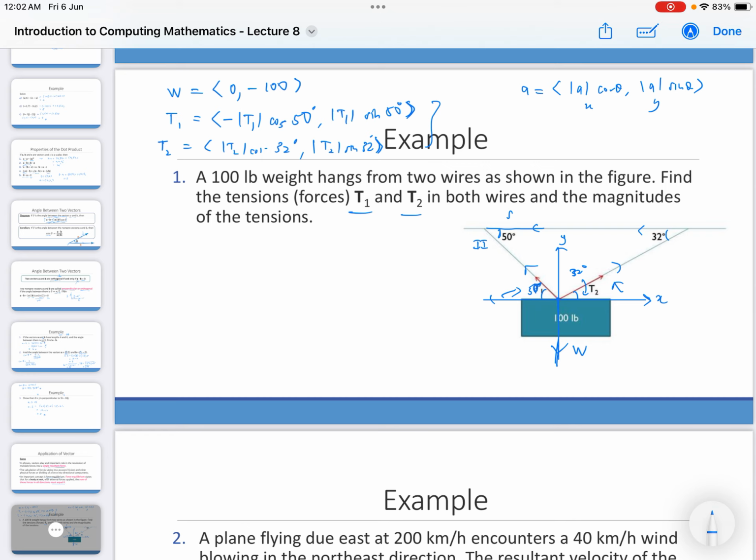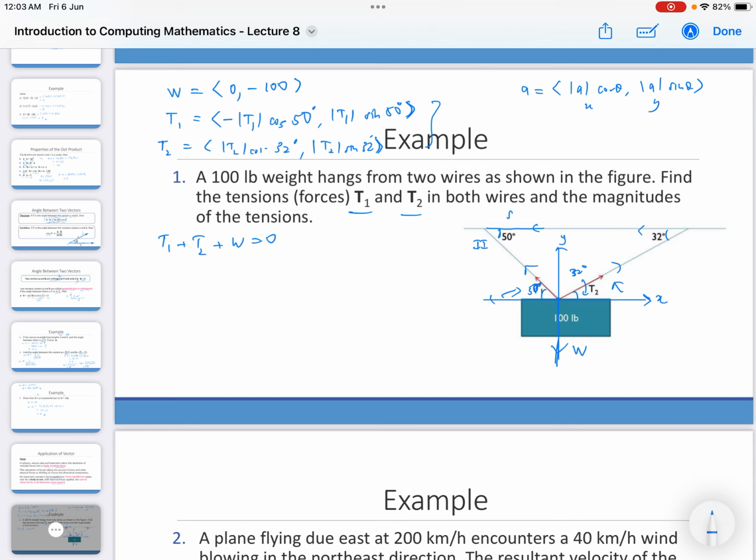Since this is at rest, the total force must be equal to 0. So we have these three forces, and we must have T1 plus T2 plus W equals 0. That means when we add all the x components, it must be equal to 0, and when we add all the y components, it must also be equal to 0. This is where we get the two equations, and from these two equations, we can solve to find T1 and T2.